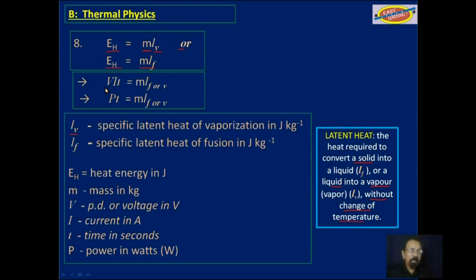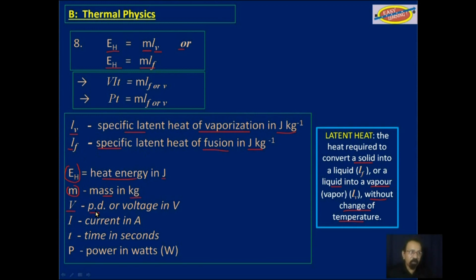LV is the specific latent heat of vaporization in joules per kilogram. LF is the specific latent heat of fusion in joules per kilogram. EH, of course, is heat energy in joules. M by now we know is mass in kilograms.